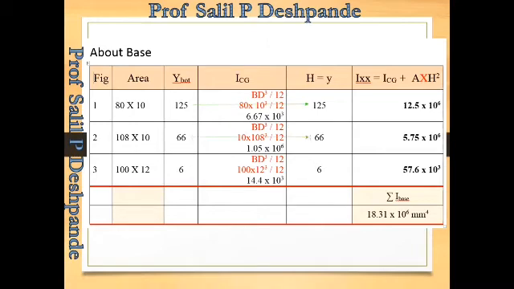No need to calculate h, particularly when you are doing the calculation about the base. So this is for base. If you're saying that I'm calculating moment of inertia about base, then h is equal to y. Then the rest of the calculations, except this particular part, the entire table is same.